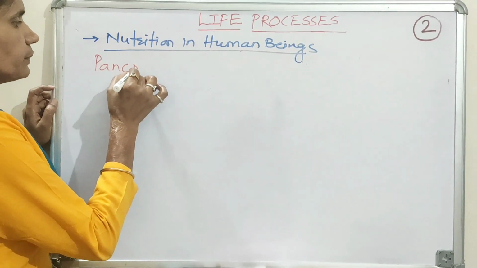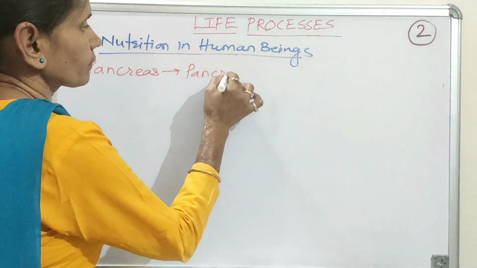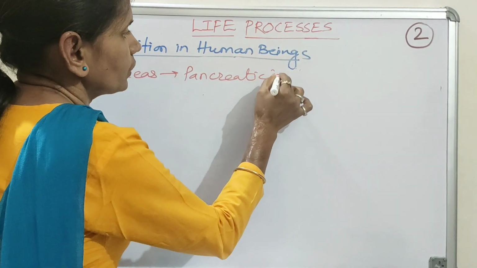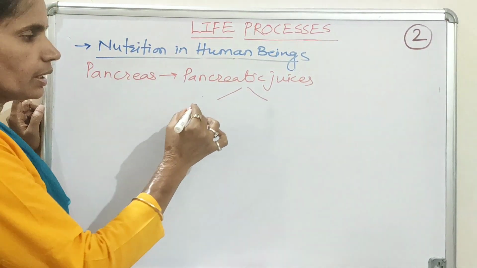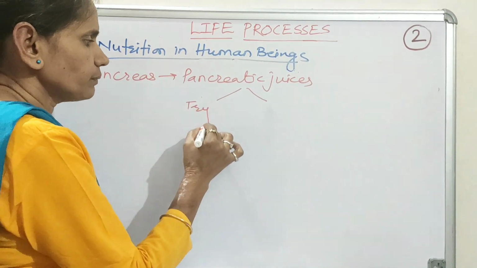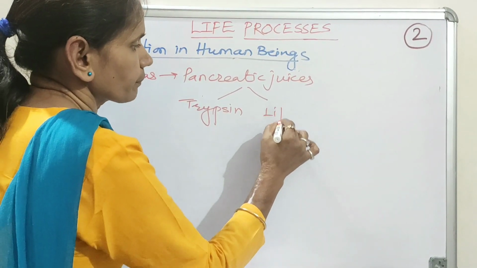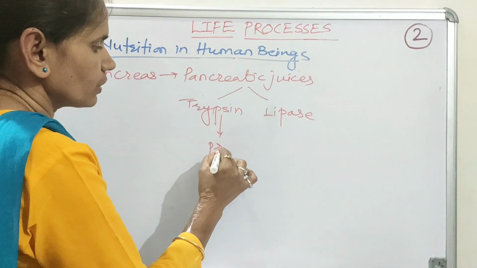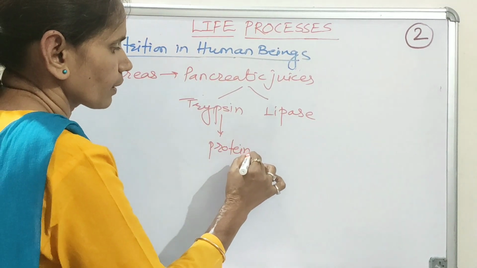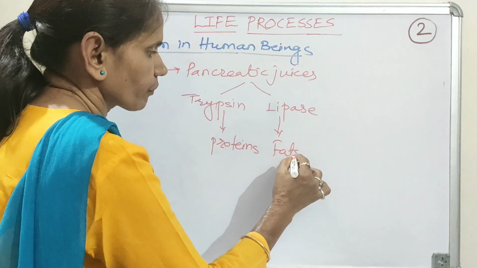Pancreas secretes pancreatic juices. Now these pancreatic juices consist of two major enzymes, that are trypsin and lipase. Trypsin digests the proteins and lipase emulsifies the fats.